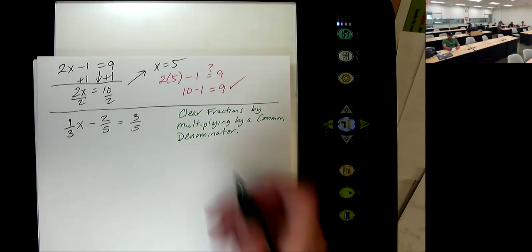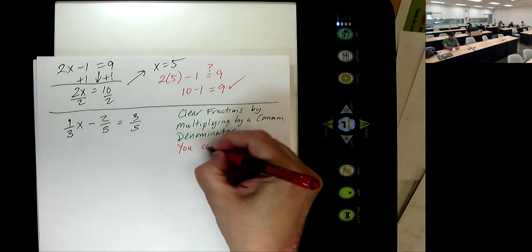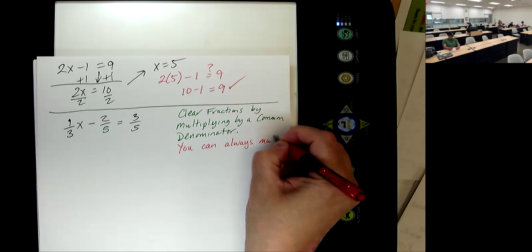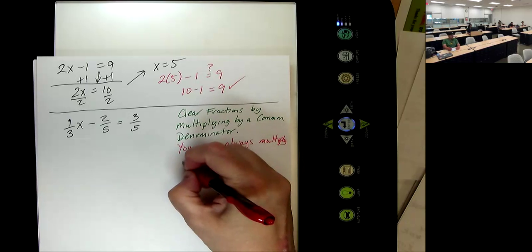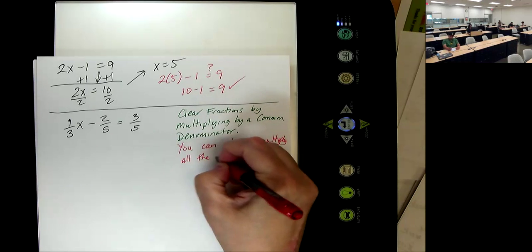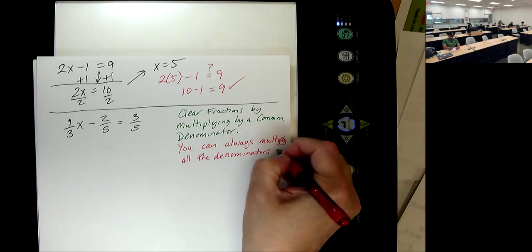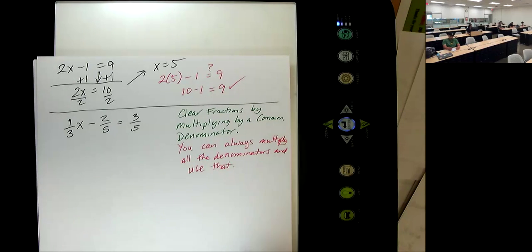You can always multiply all the denominators and use that. It usually is not the fastest way.